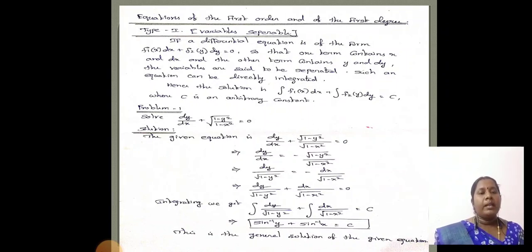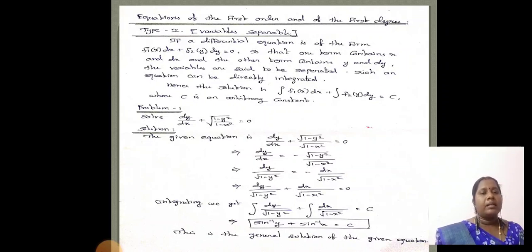Now we integrate on both sides. We get integral of dy by root of 1 minus y square plus integral of dx by root of 1 minus x square equal to c, where c is a constant of integration.